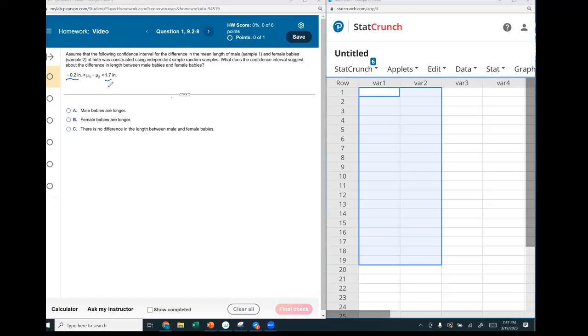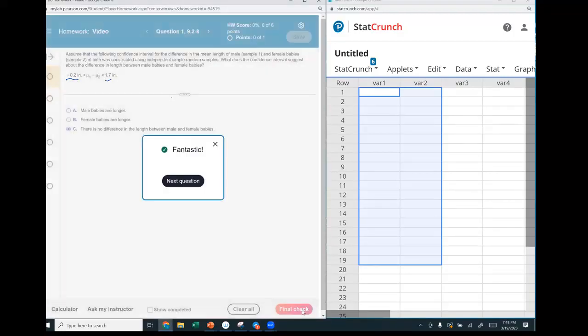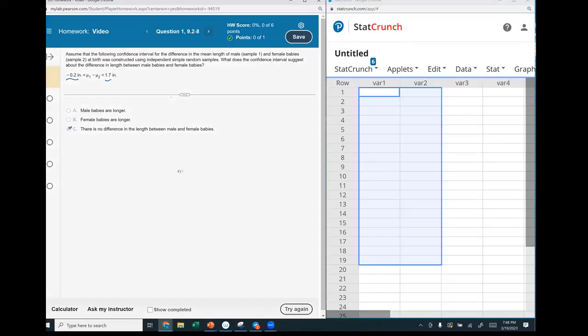But remember that between that negative and that positive is also 0. So that means it could be 0. So really, there is not any significant difference between the two. That's really what you're looking for.